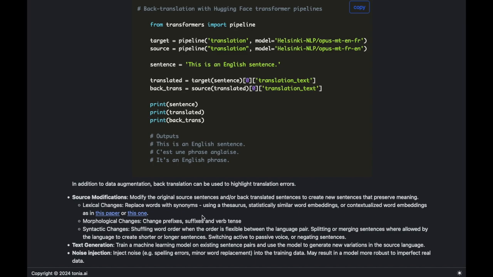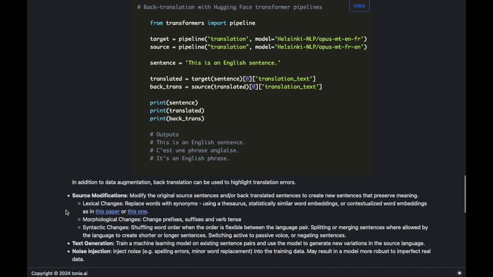So you have your limited training data set where you have source sentences and target sentences, and you want to modify the source sentences in such a way that the sentence has changed but has the same meaning with new syntax, and then you can align that new sentence with the same target sentence that you had in your training data. You can also employ source modifications in concert with your back translate sentences while creating new sentences that preserve meaning.